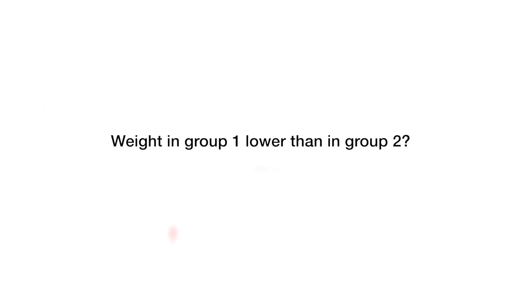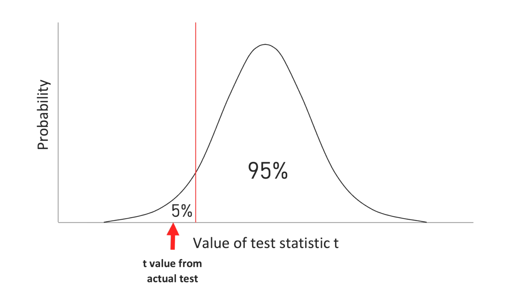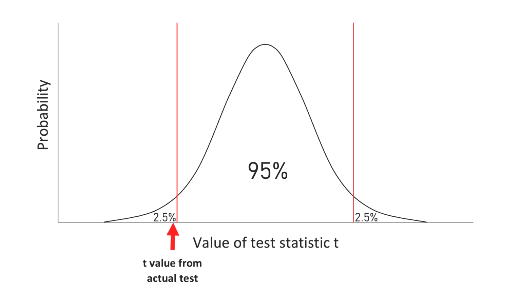Another word for one-sided test is one-tail test, and this term refers to the distribution where we only looked at one tail. Now for two-sided tests or two-tailed tests, the principle is the same, but now we have two thresholds, one on the left and one on the right. Between the two thresholds, we have again 95% of t-values.